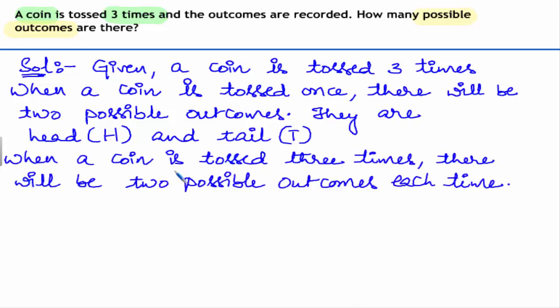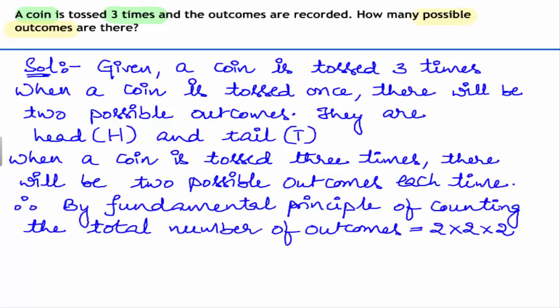When a coin is tossed 3 times, there will be 2 possible outcomes each time. Therefore, by fundamental principle of counting or by multiplication principle, the total number of outcomes is equal to 2 into 2 into 2, which gives us 8.